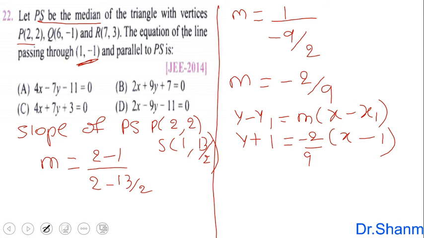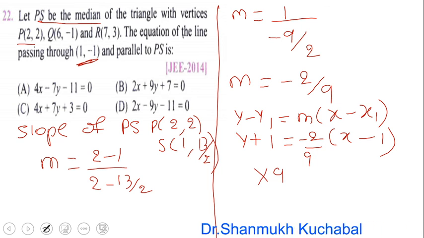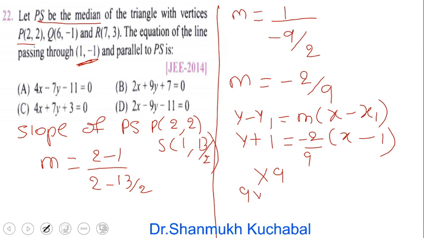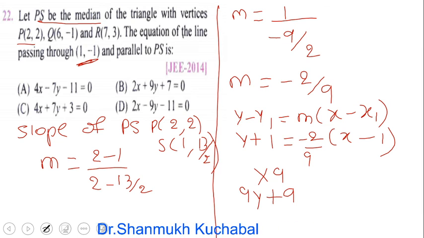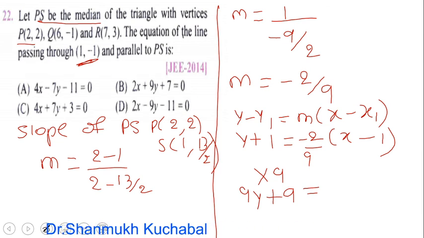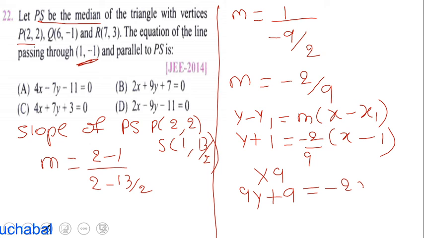So 9 we transport to the LHS, or else multiply the entire expression by 9. So we get 9y plus 9 on the LHS. On the RHS, numerator and denominator 9 cancel. Now minus 2 is multiplied by the bracket. So we get minus 2x and minus into minus plus 2.